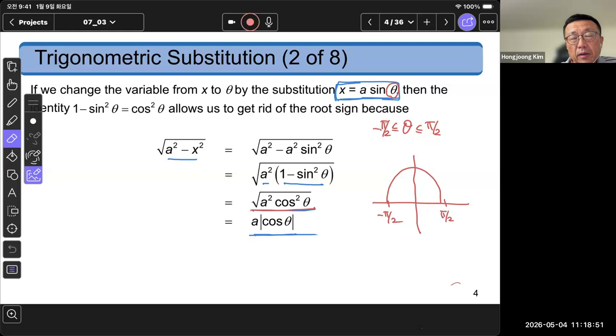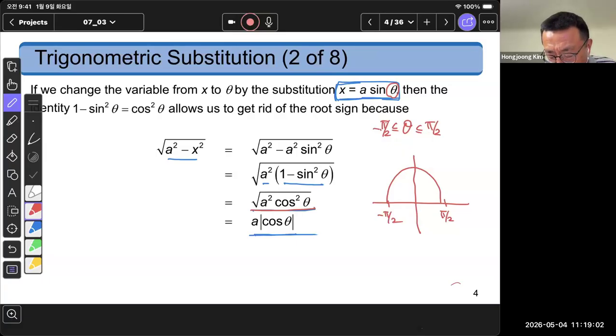Since I now restrict theta to negative half pi to half pi, and on that interval cosine is always non-negative, the absolute value sign is meaningless. So you get a cosine theta, and I can integrate this directly.